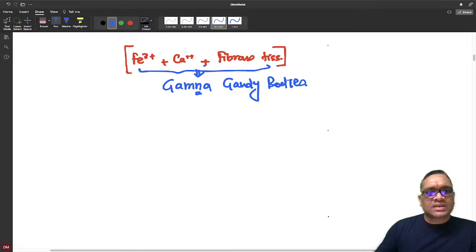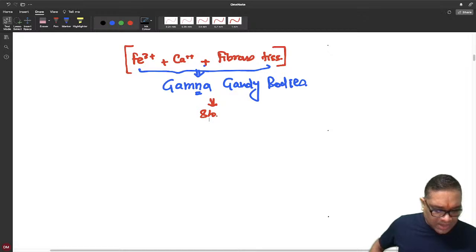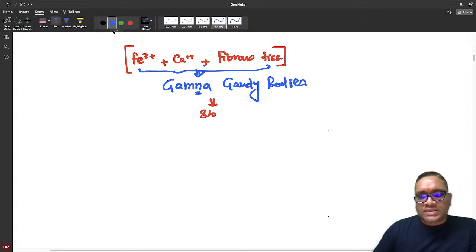What is the clinical significance? Gamna-Gandy bodies are suggestive of congestive splenomegaly.